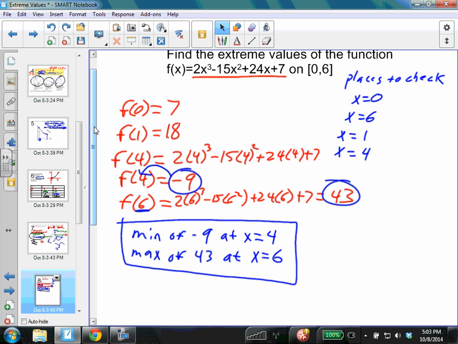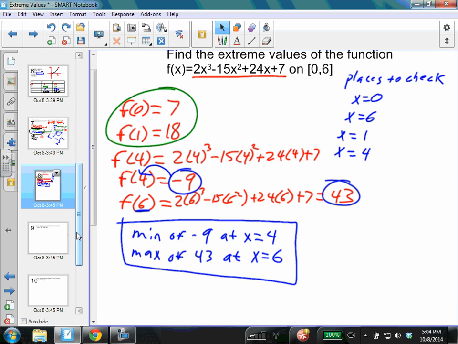For right now, we're satisfied just saying that this function has a minimum of -9 at x equals 4 and a maximum of 43 at x equals 6. These other two spots could be local extreme values, but they can't be globals because they're already beat out. We don't have a way to check if they're maximums or minimums right now, so we'll be satisfied with having our globals.